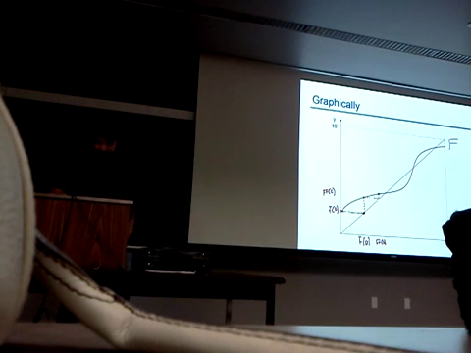If you start here, what's going to happen? So what's f of 10? Well, f of 10 is here. And how do I get f of f of 10? So that's f of 10.